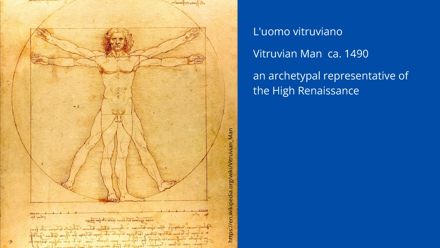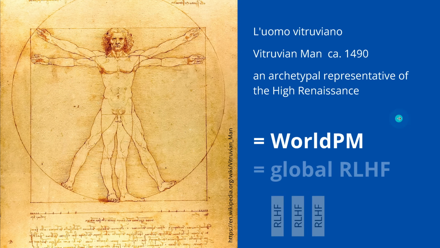This was the modern man, the modern human, the perfect symbol here of the Renaissance. And you know what? This is exactly what we're going to talk about, because this is now in AI our WorldPM. And you might say, what are you talking about? Well, it is rather easy, because 500 years ago, these were the perfect proportions. This was the perfect man, if you want.